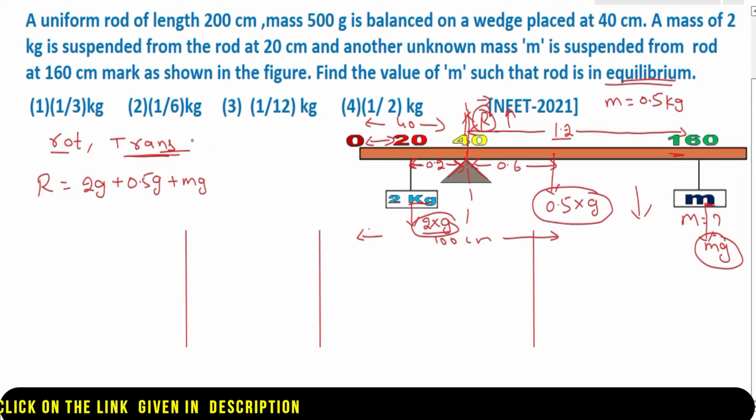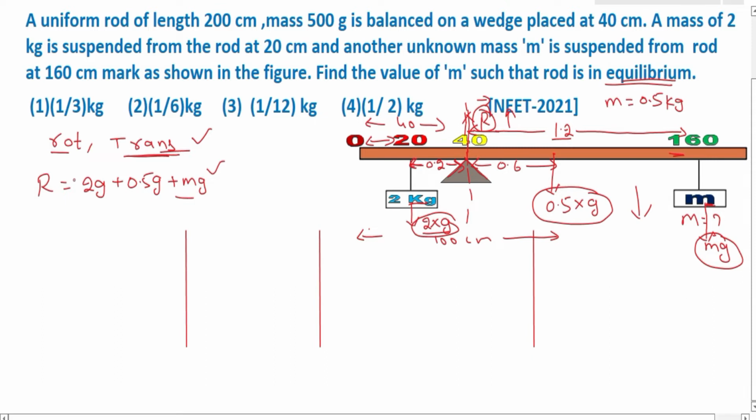Using this translational equilibrium concept, we get this equation. Anyhow, we are not going to use this equation in this question. Now let us try to calculate the torques acting on this rod because of different forces, because of these four forces.